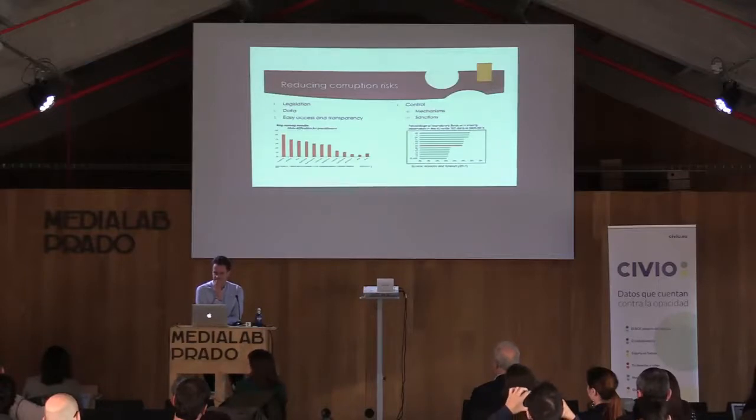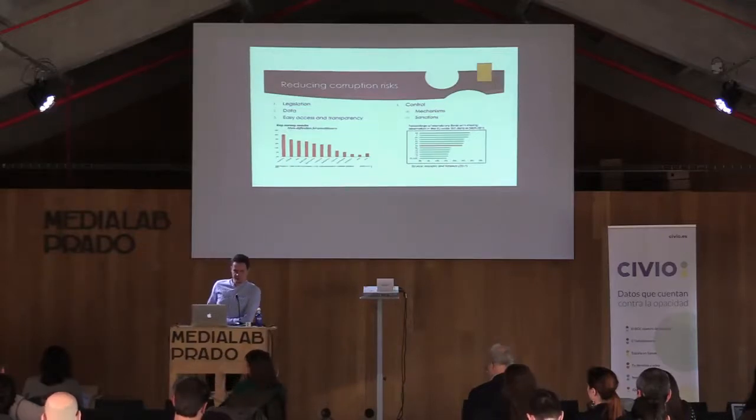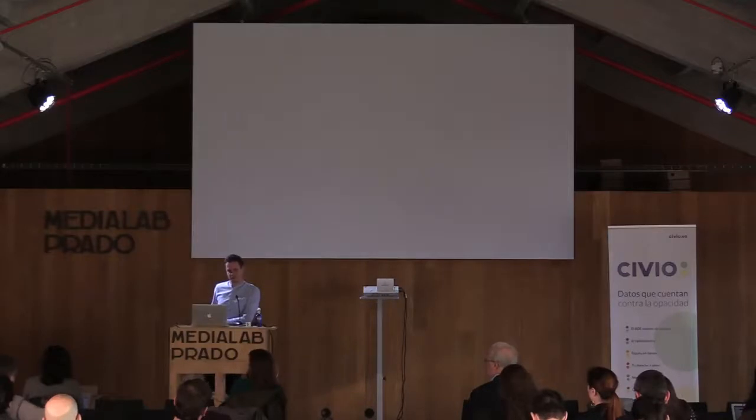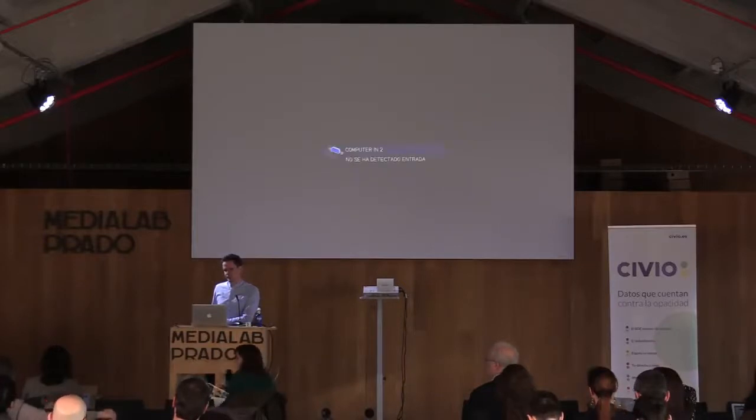But for example, now we have a secure channel to send this kind of alert, something similar to the competition control body agency. So you can say, okay, some problem with competition here, but not some problem with corruption here. That's the situation right now in Spain. Yeah.